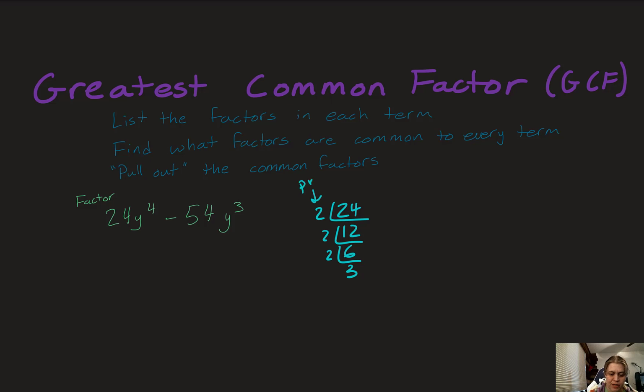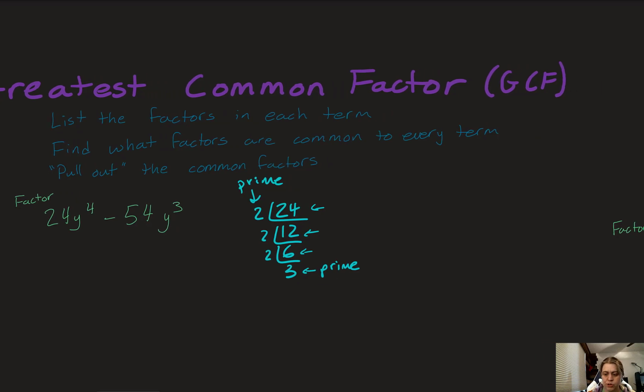Prime numbers go on the outside, and what's left on the inside is what remains after you do the division, until you get to a prime number at the bottom. You can only divide by prime numbers, you can't divide by 6 or anything else like that. Other people do use things called factor trees. So like 54, I know I can divide that by 2. That's going to leave me with 27.